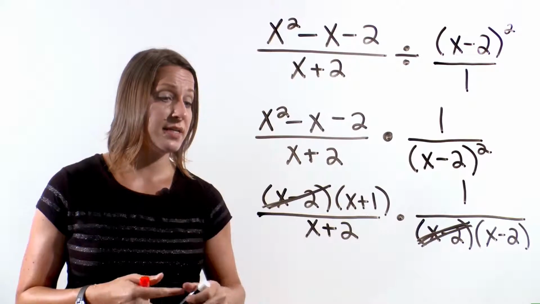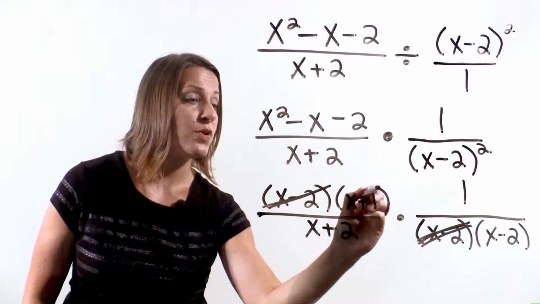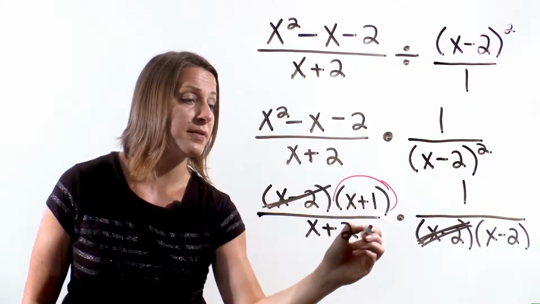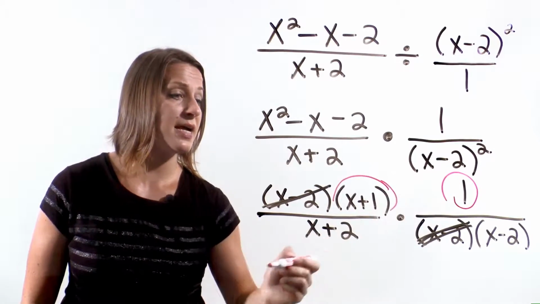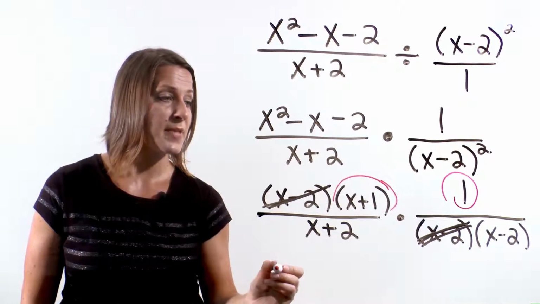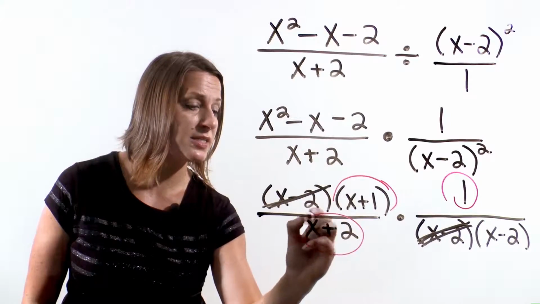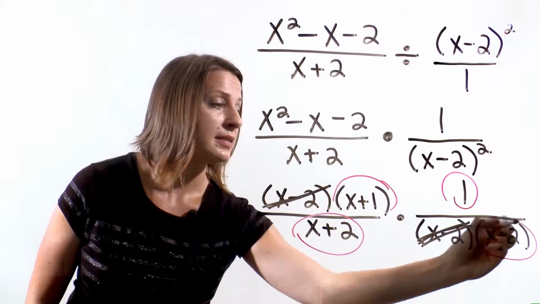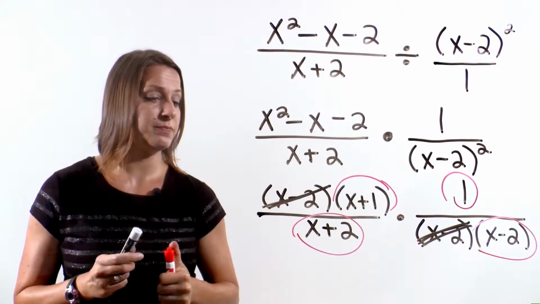So I think we're ready to find out our answer. We are left with this x plus 1 times 1, and we're left with this x plus 2 and this x minus 2.